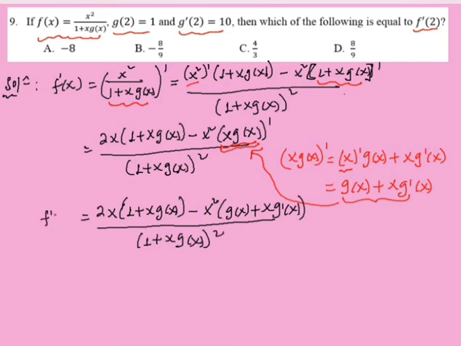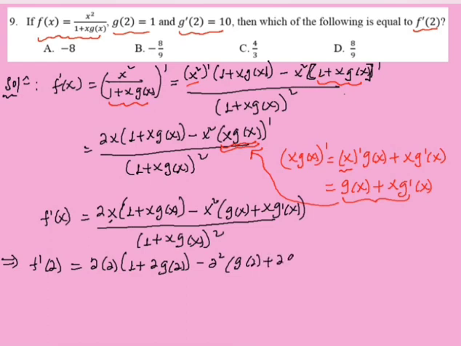So this is f derivative at x. Now we want to calculate f derivative at 2. That means substitute 2 everywhere in place of x. So it becomes 2 times 2 into 1 plus 2 times g of 2 minus 2 square into g of 2 plus 2 times g derivative at 2, over 1 plus 2 times g of 2 the whole square.